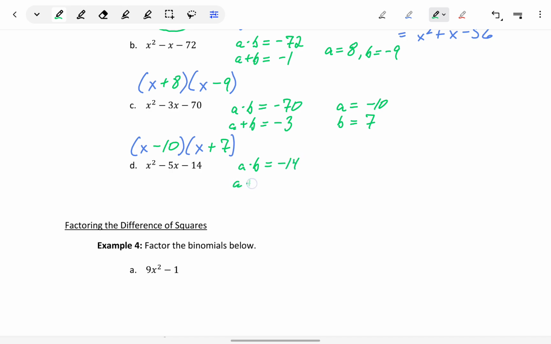And we need our values a and b to add together to give us -5. In this case, the pair that would work would be a equals -7 and b equals 2. So we can write this factored expression as x minus 7 times x plus 2.